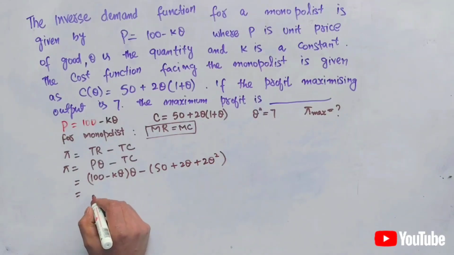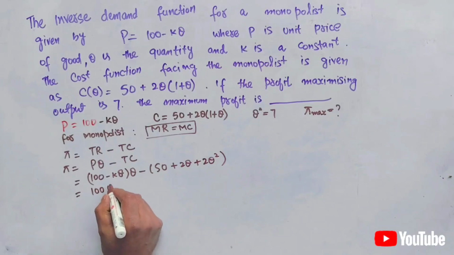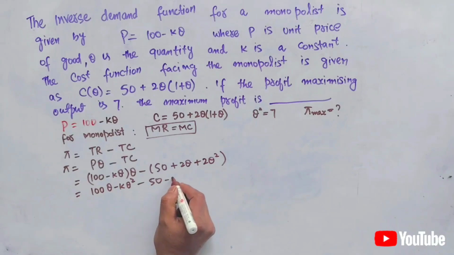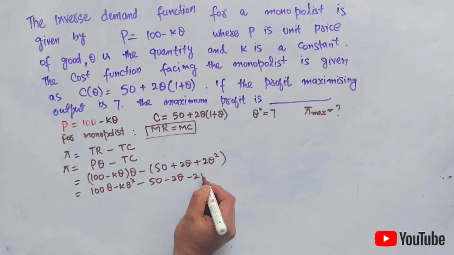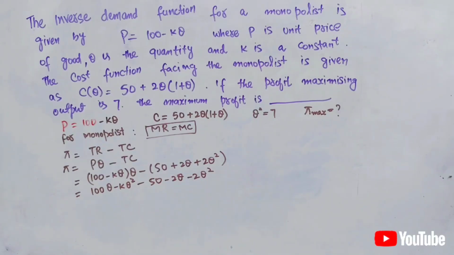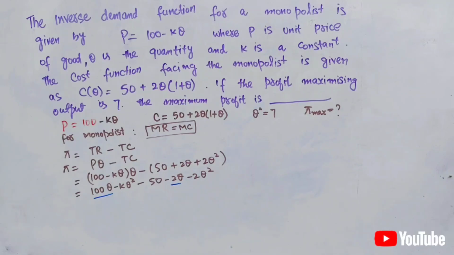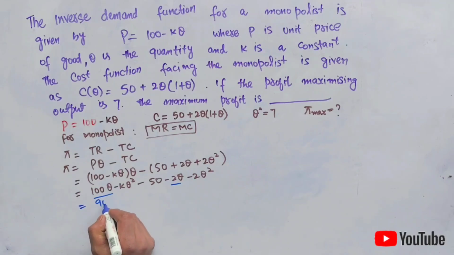So we have 100Q minus KQ square, minus 50, minus 2Q, minus 2Q square. Solving further, 100Q minus 2Q is 98Q.